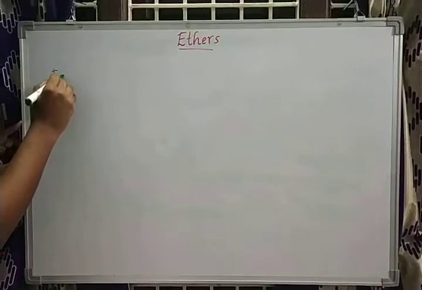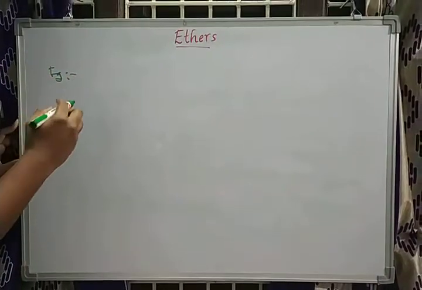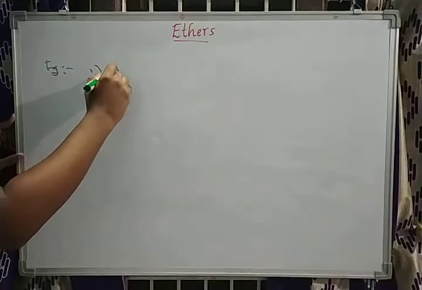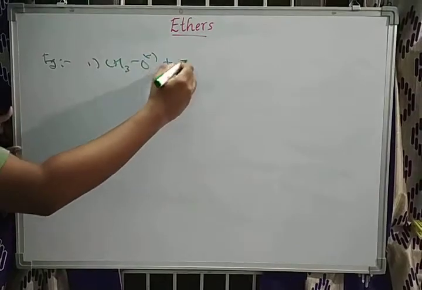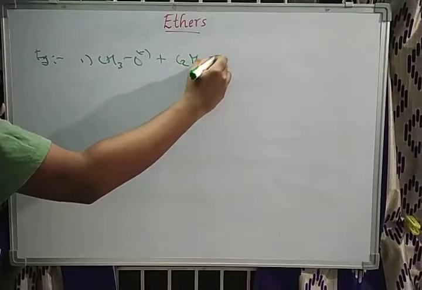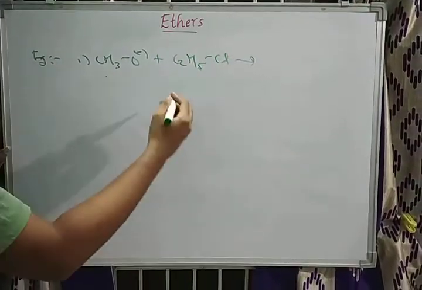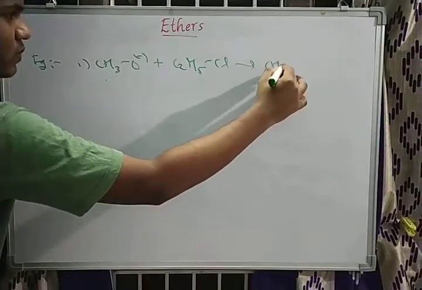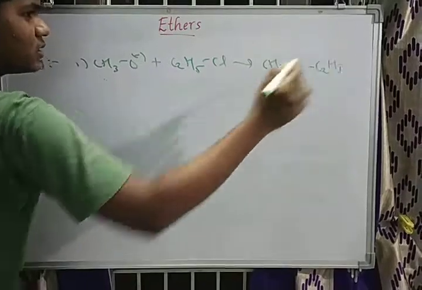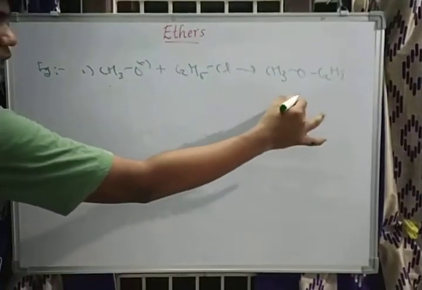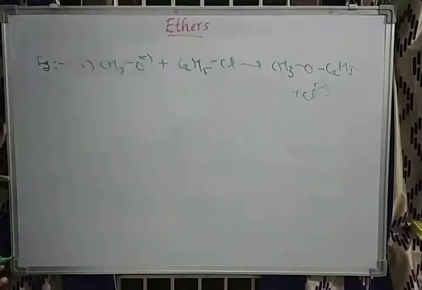Okay, let us take some examples regarding this. First one, CH3O minus (RO minus) plus RX, next one C2H5Cl. That gives CH3OC2H5, and Cl minus is the byproduct.